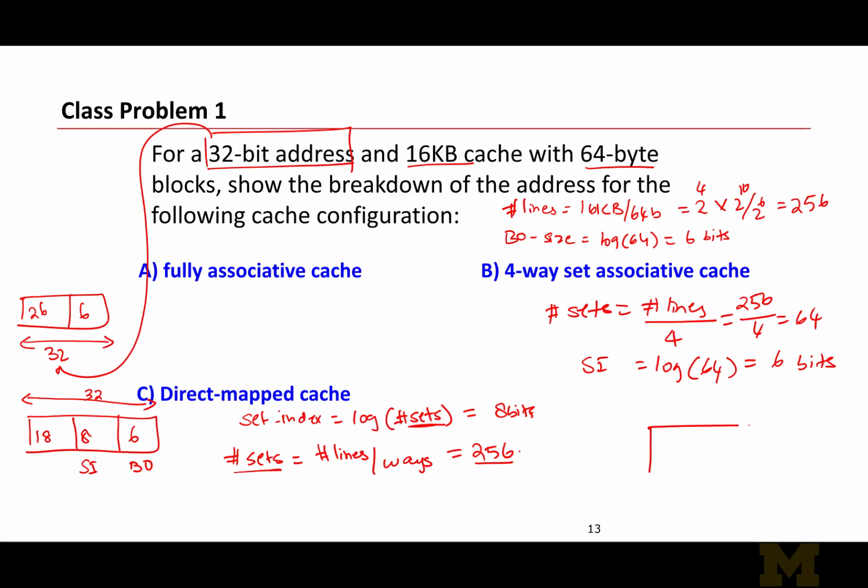The address size again doesn't change. The block offset also doesn't change, because we assume the same block size for all of these problems, so it remains 6 bits. We just computed that the set index is 6 bits, and whatever remains is the tag. So that is 32 minus 6 minus 6, which is 20 bits.